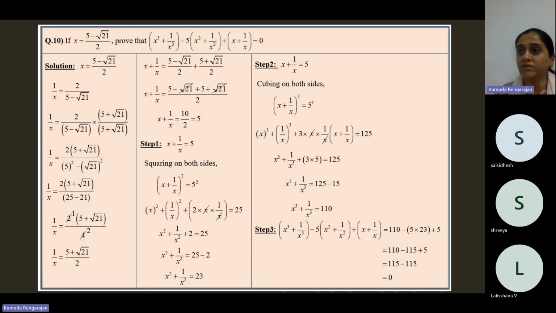Saraswati, how do you expand a plus b the whole cubed? Can I? Yeah. No. Netra?